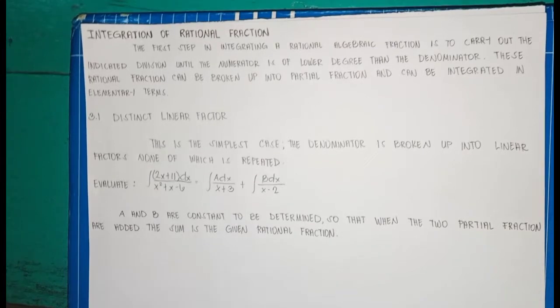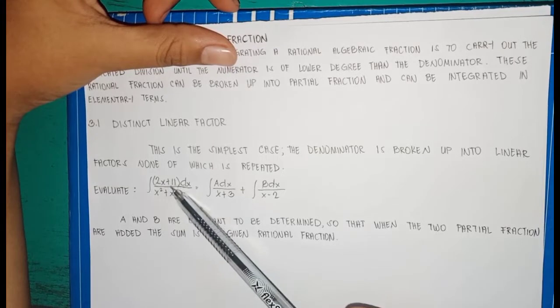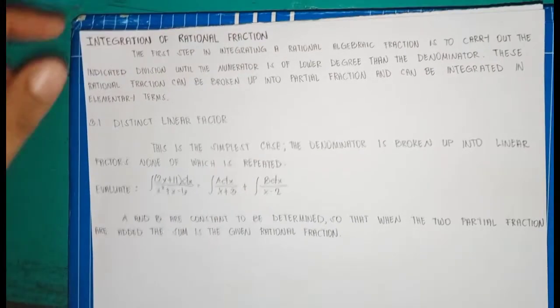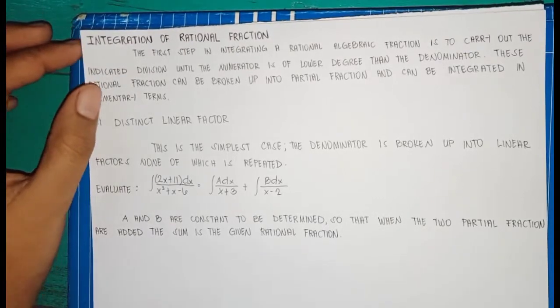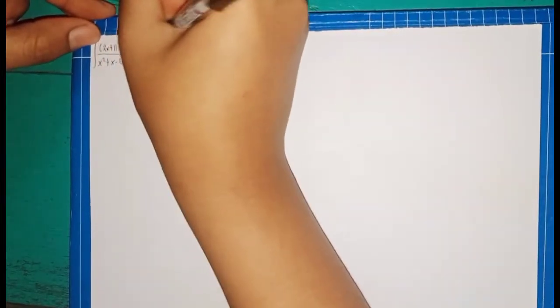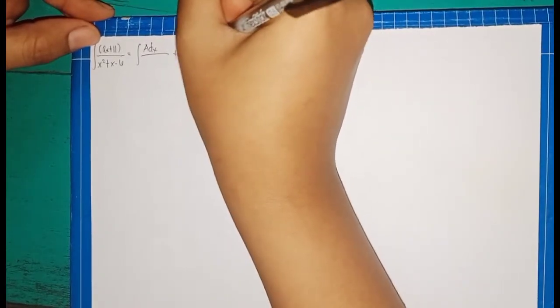Okay, so we have here given the integral of the quantity 2x plus 11 dx all over x squared plus x minus 6. Okay, so let's solve for the value of A and B. Given, so let's solve it into A dx all over, plus B dx.